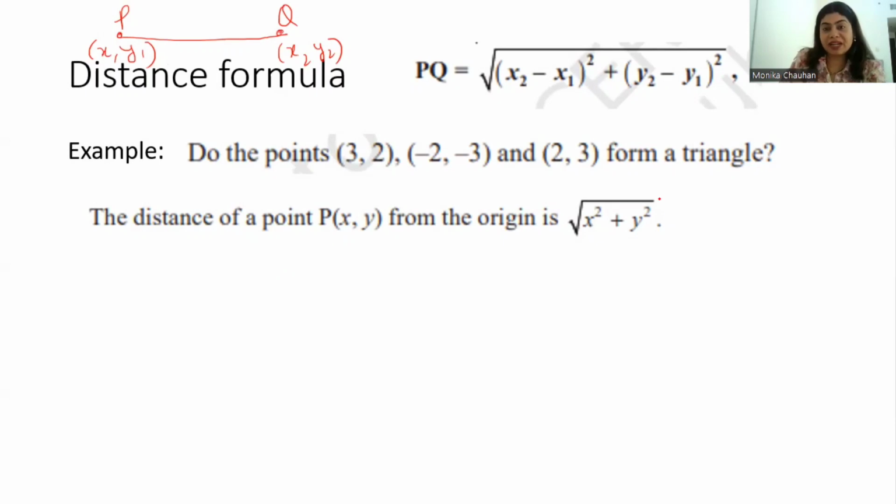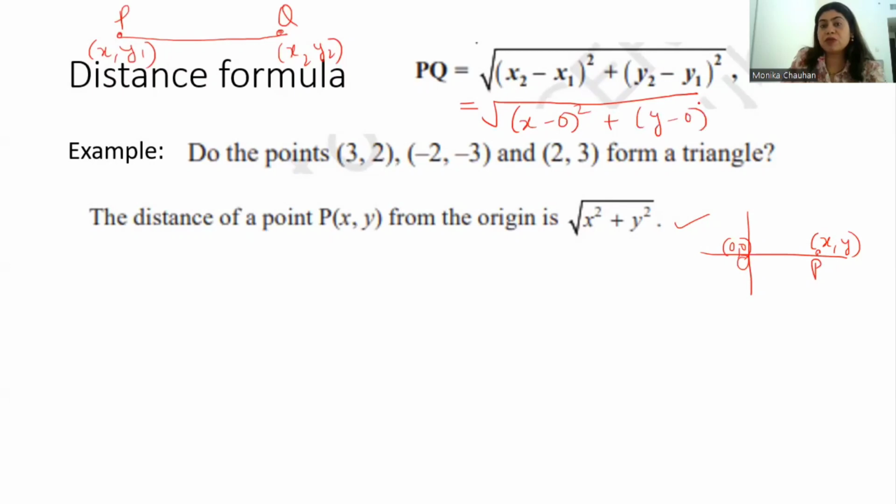Another important aspect is the distance of a point from the origin. How is it possible? Let me draw it. Suppose these two lines intersect at this point, and the coordinates are 0, 0. Suppose you have one point P whose coordinates are x and y. When you put the values in x2 minus x1 whole square, it becomes (x minus 0) whole square plus (y minus 0) whole square.